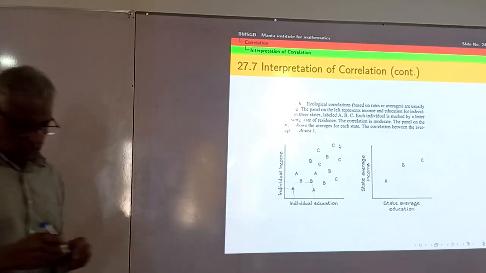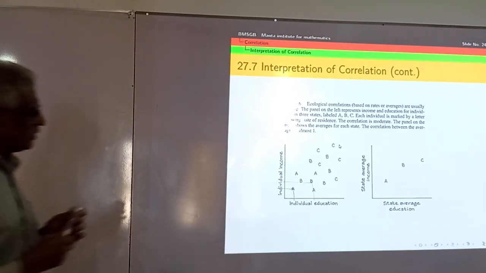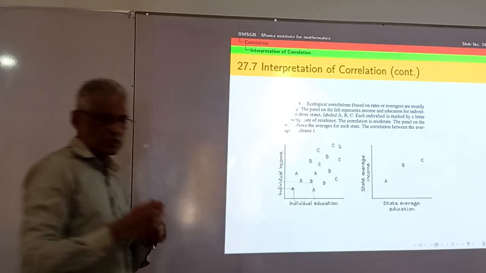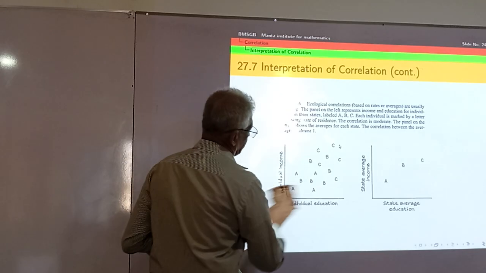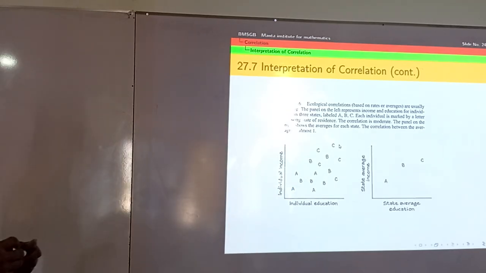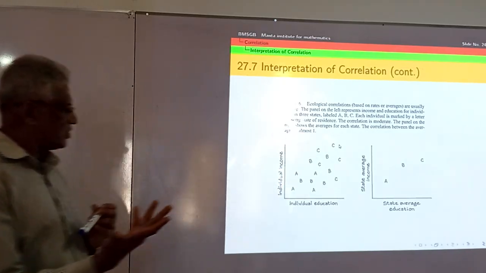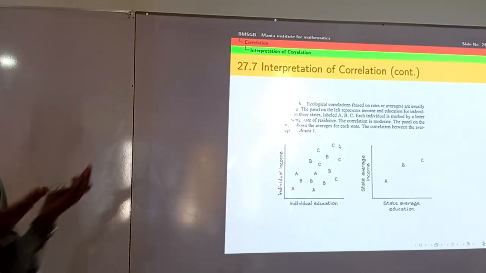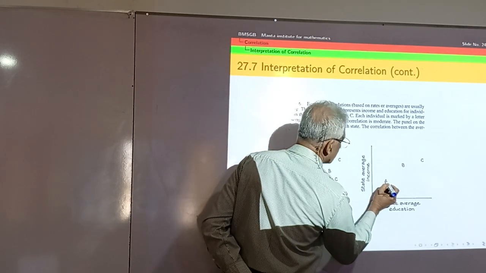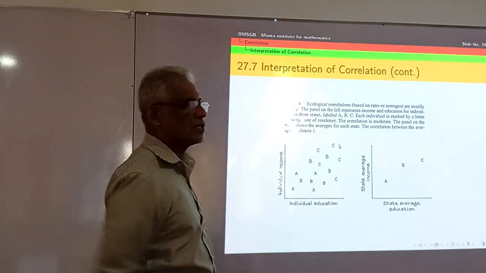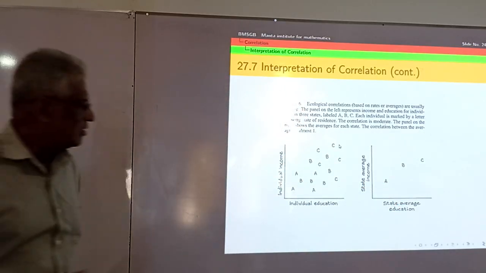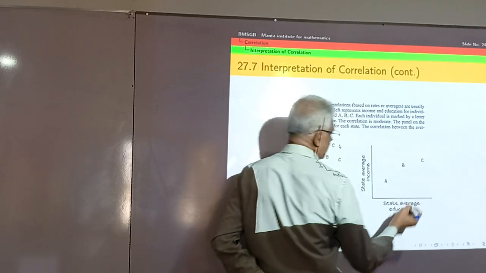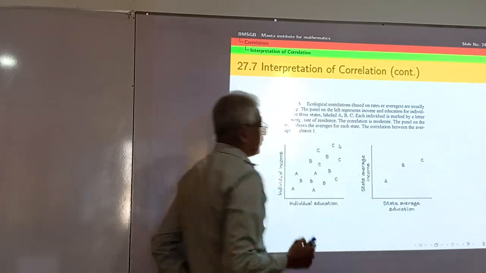If you look at this whole picture of individuals, there seems to be a moderate correlation. But if you calculate the average of all the A values, it will be here. Average education level and average income for all the people in area A will be here, and for area B, the average point will be here. For C, the average point will be here.